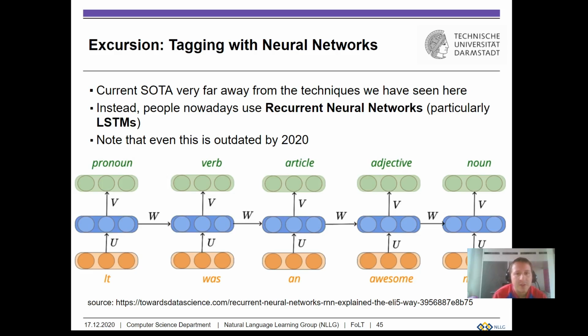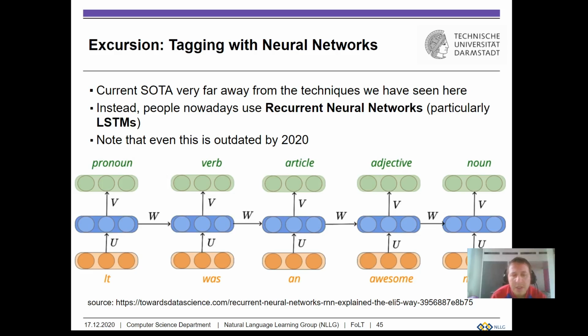Instead, people are using neural networks, and especially so-called recurrent neural networks, and they use a particular variant of that, namely long short-term memory networks, also abbreviated as LSTMs.